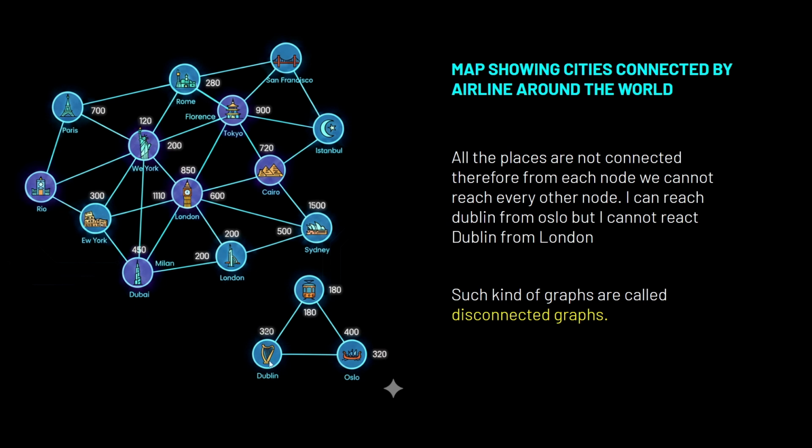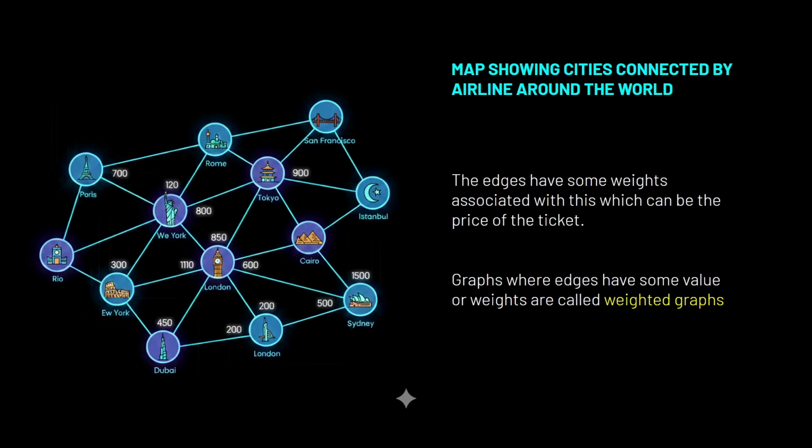So such a graph is called a disconnected graph. So there is a disconnection, they are not connected. All the nodes are not connected directly or indirectly. Such graphs are called disconnected graphs. Whereas a graph where all the nodes are connected directly or indirectly is called a connected graph.